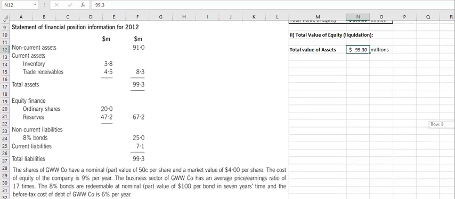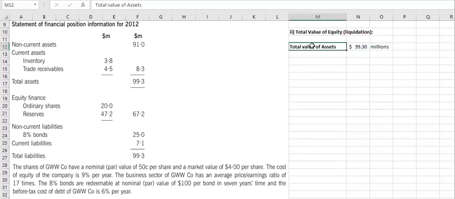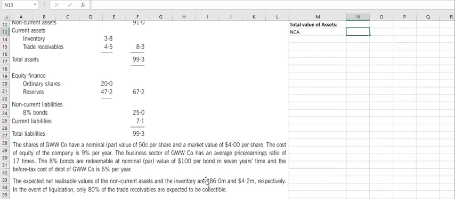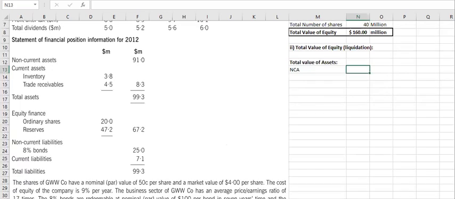So let us not write the book values because we have been given realizable values. The non-current assets have a value of 86 million.